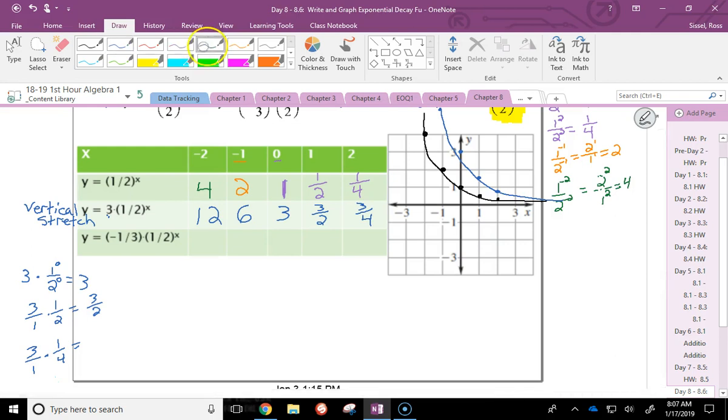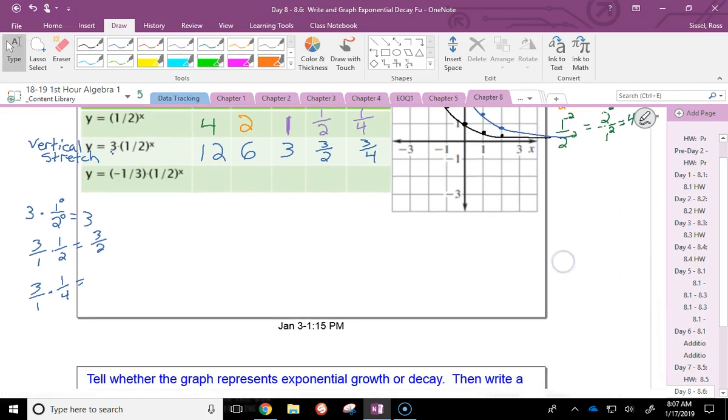And we'll do the last one. Now this one, our equation was a little bit different. Our equation is negative 1/3 times our half to whatever exponent. So we're going to see how that changes it. I can still use my other work. I don't have to do extra work. On all of these, we have 1/2 to that exponent.